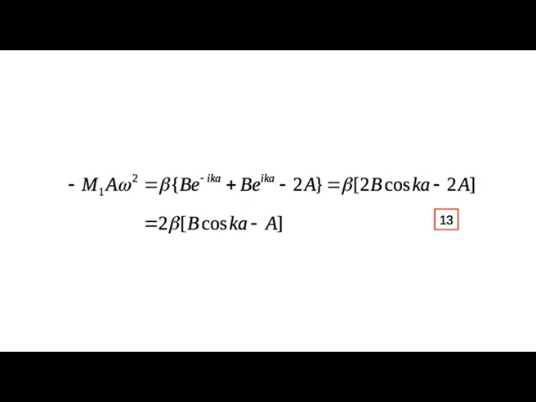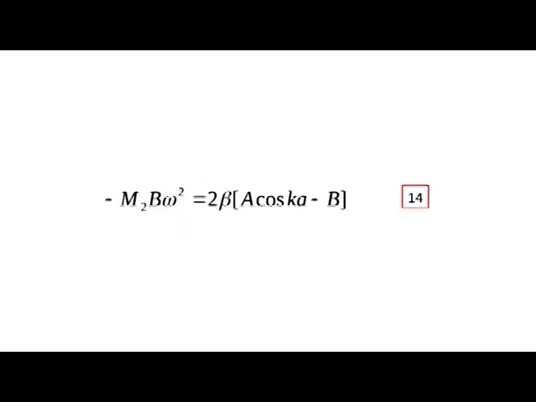And similarly for the mass M2, you will have minus M2 B omega squared equal to 2 beta A cos k a minus B. Which I call equation number 13 and 14, 13 for M1 and 14 for M2.